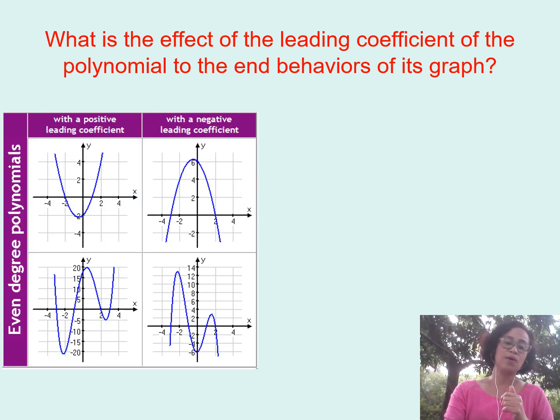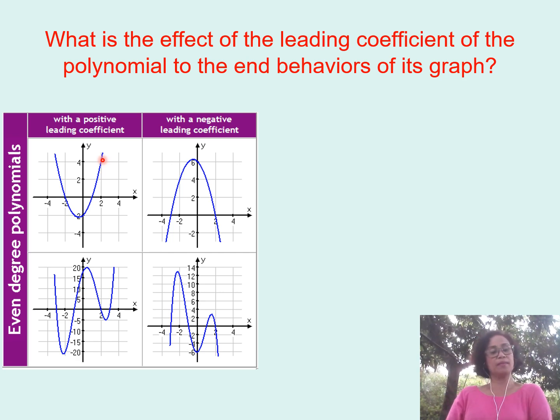Here it says even degree polynomial. So my first graph is actually a parabola. A parabola, as we all know, is a quadratic function and its degree is the second degree. Now, is it even? Yes, because it's in the second degree.